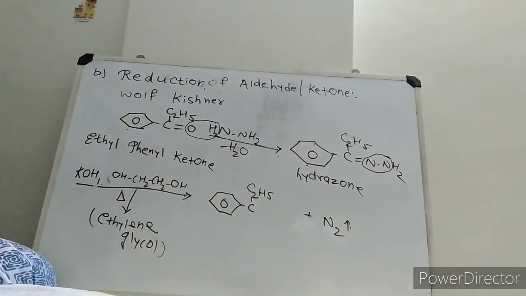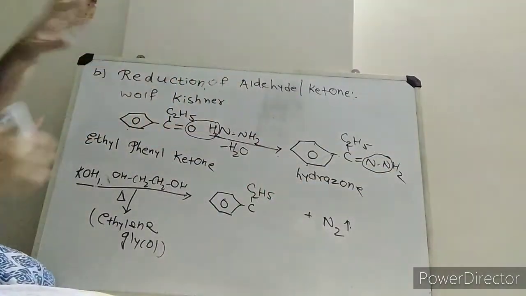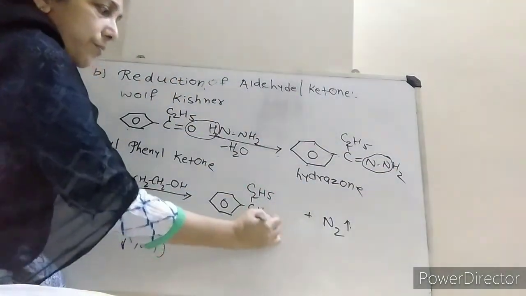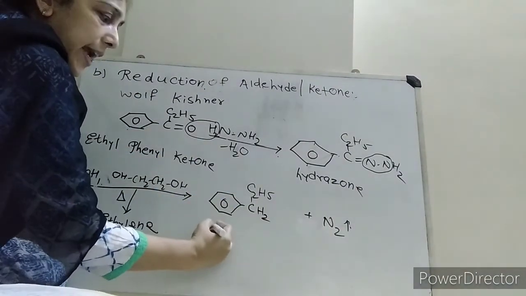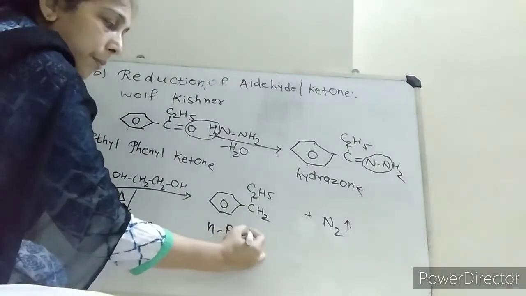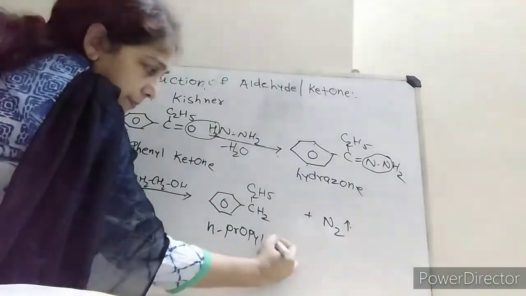Now after nitrogen, how many hydrogens are remaining? Two hydrogens. We write these two hydrogens here. So it is known as n-propyl benzene.